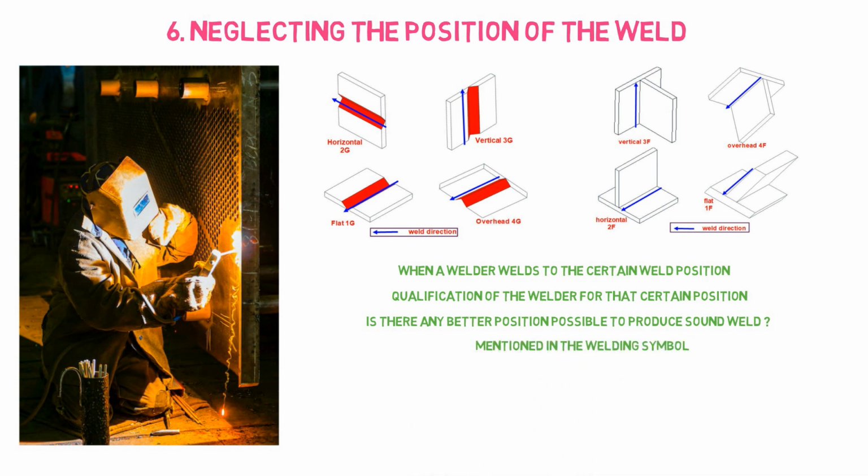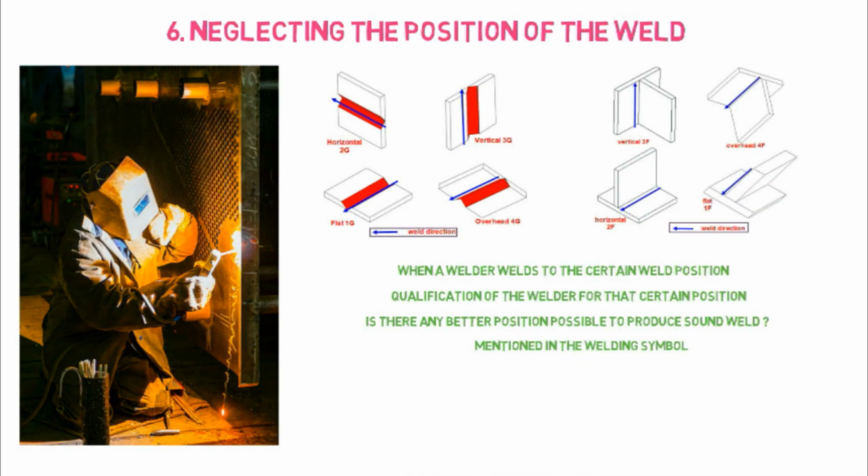And if there is any possibility to do any other position for the same connection, which may give even better quality of the weld. So understanding the welding symbol and the drawing and trying to implement that on the actual welding connection is very important.